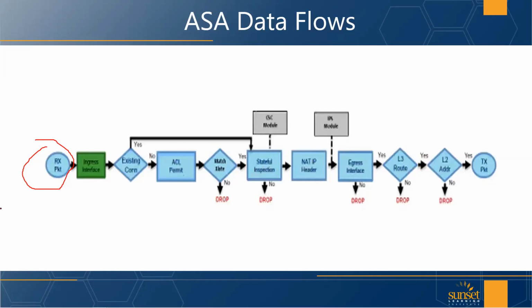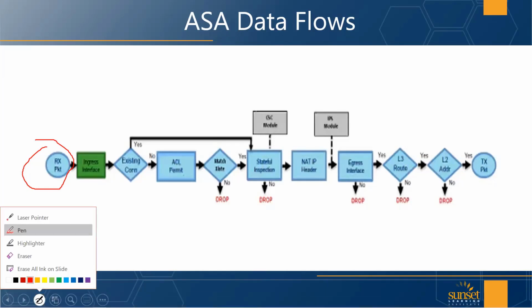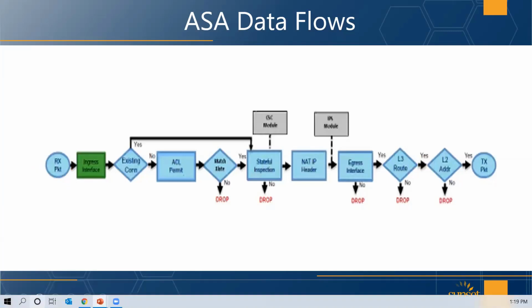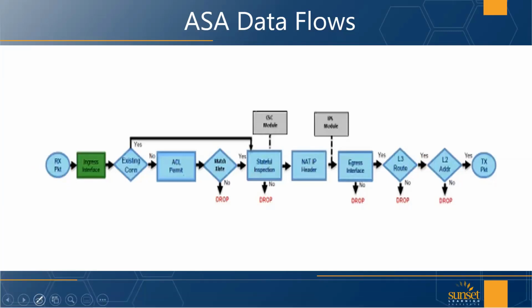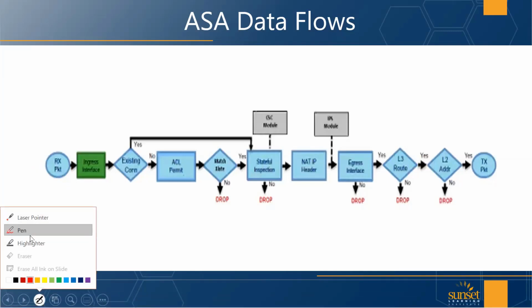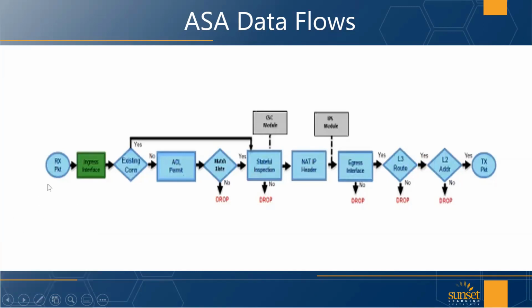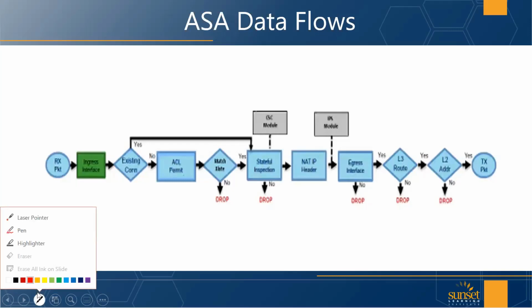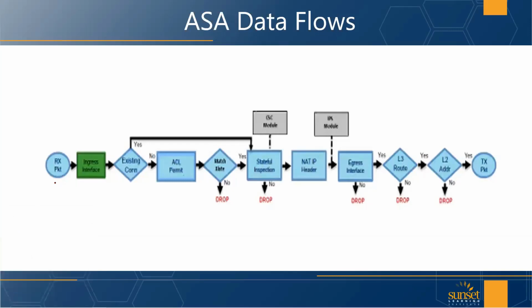Okay. Now, if it's an existing connection, let's go back here and erase all what's on the slide. All right. Now it's coming in here, and it hits the ingress interface.